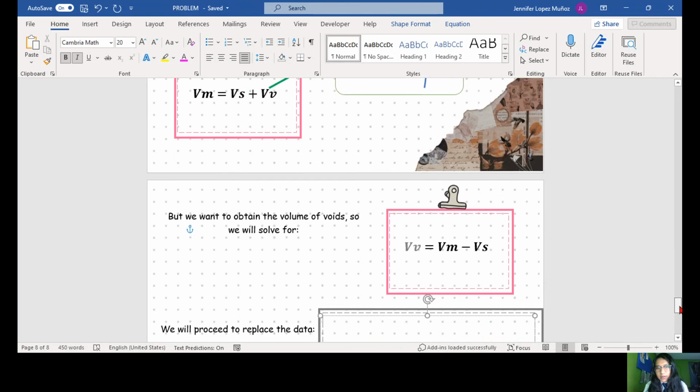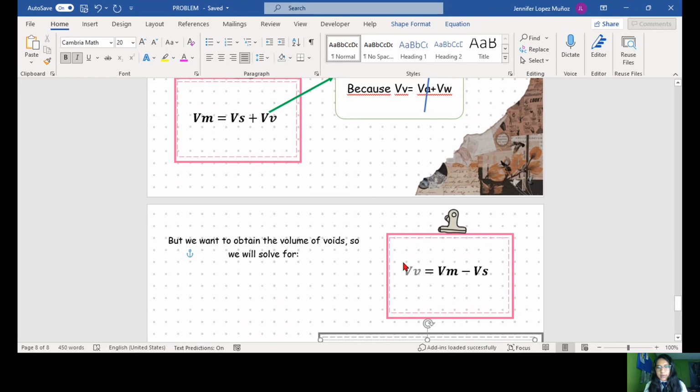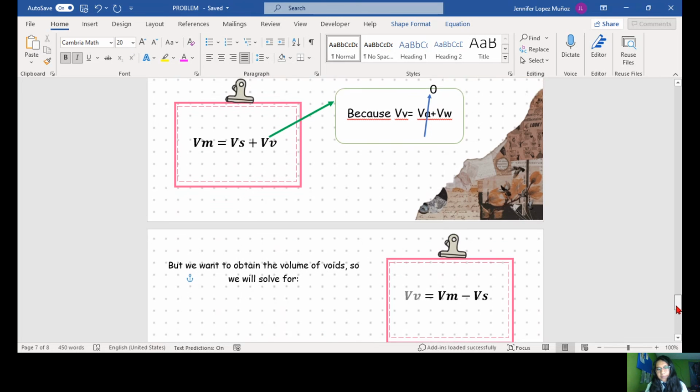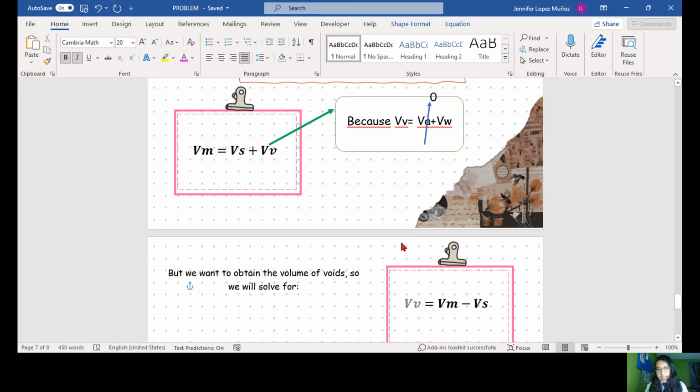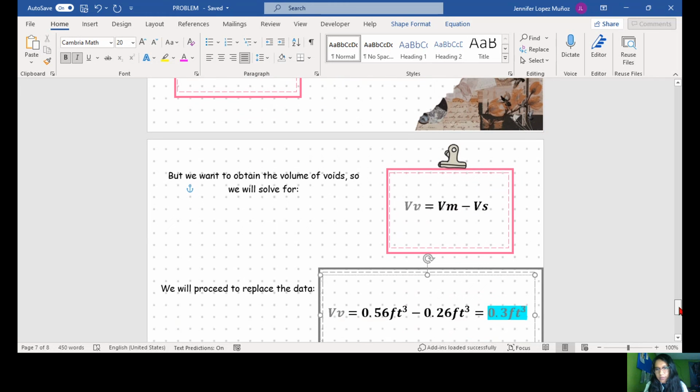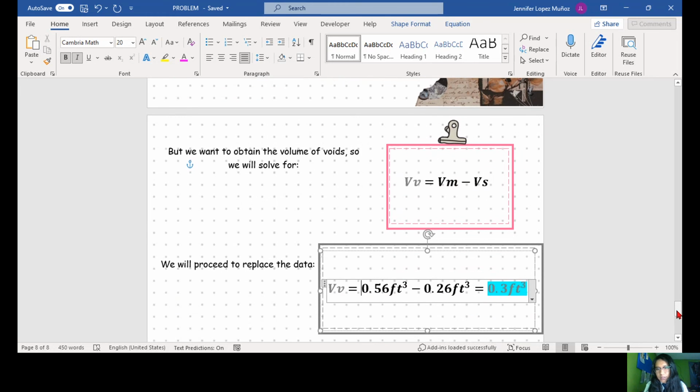This is the formula to solve for the void volume, because in this formula I free the void volume. Void volume equals sample volume minus solid volume.